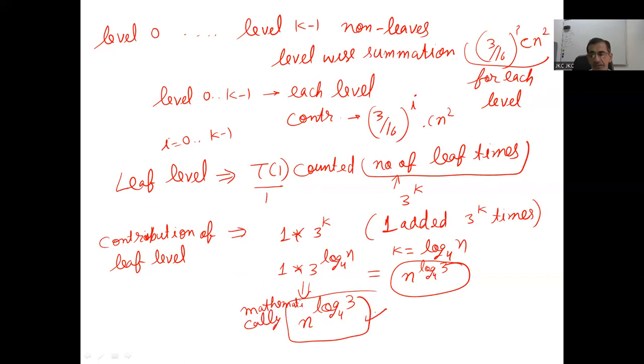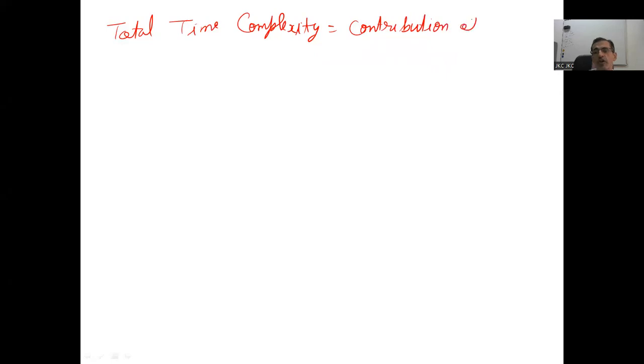So I say my total time complexity will always be taken as the contribution of all non-leaf levels, plus the contribution of the leaf level.